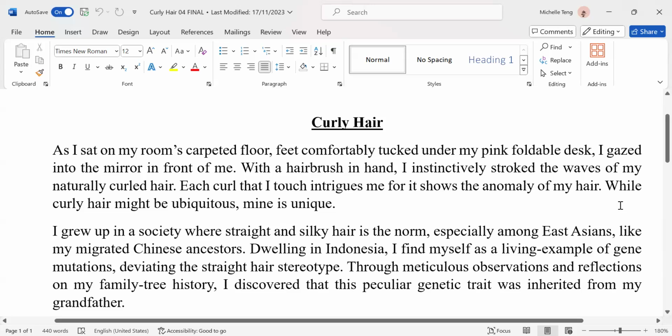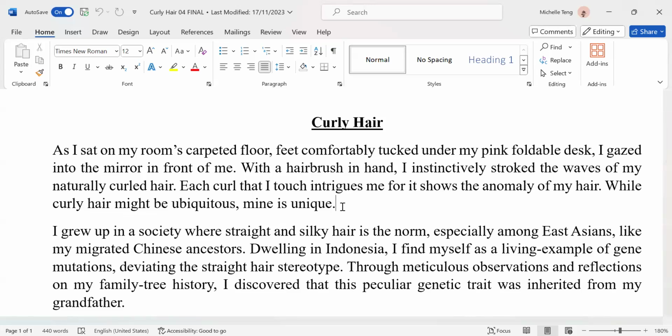That's for the third sentence. "While curly hair might be ubiquitous, mine is unique." "Mine is unique" is a strong clause. It can stand on its own. "While curly hair might be ubiquitous": ubiquitous means something that we can commonly find. Technically, it is everywhere, it's very common.